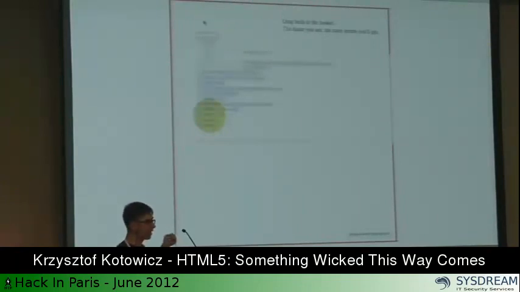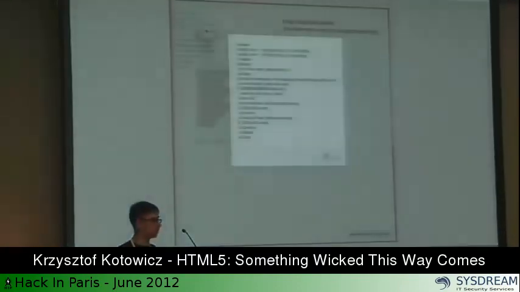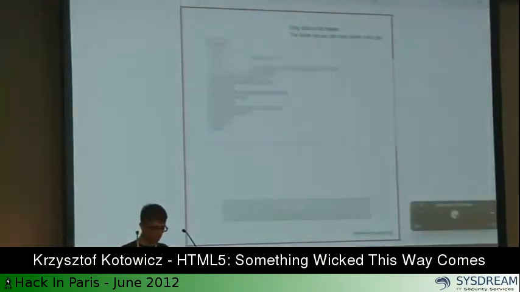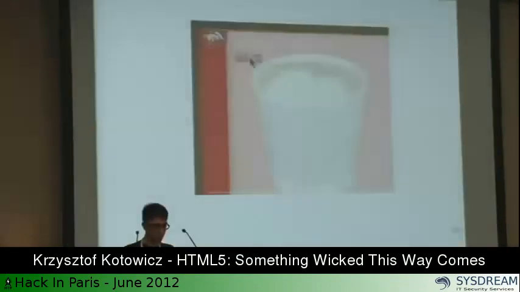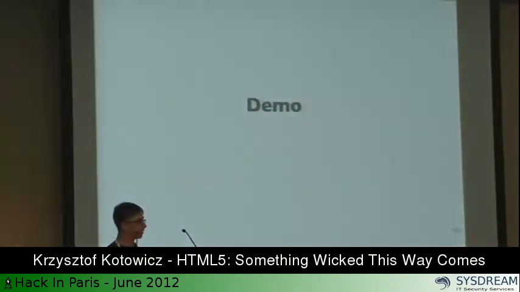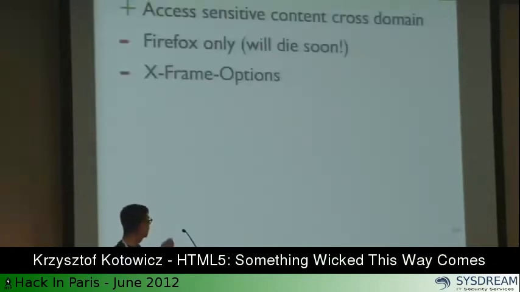So the first step is he's just selecting the HTML source, cleverly positioned on the line that I want to get access to. And now he's dragging that onto my text area, and I get access to the HTML. Of course, this technique is also Firefox only because it relies on cross-origin drag and drop, and no other browser allows me to do drag and drop actions cross-origin.